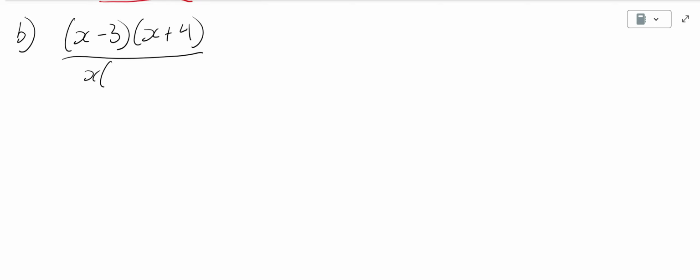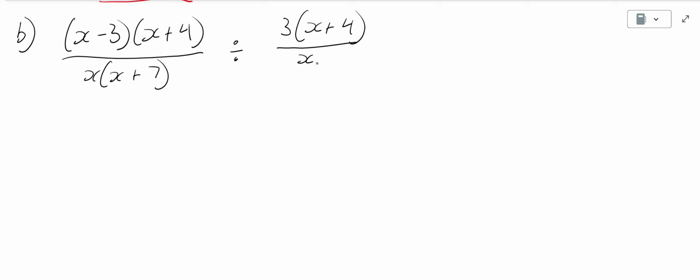So for question B, we have (x - 3)(x + 4) over x(x + 7). And then instead of multiplying it by another fraction, we've got a division between two fractions.